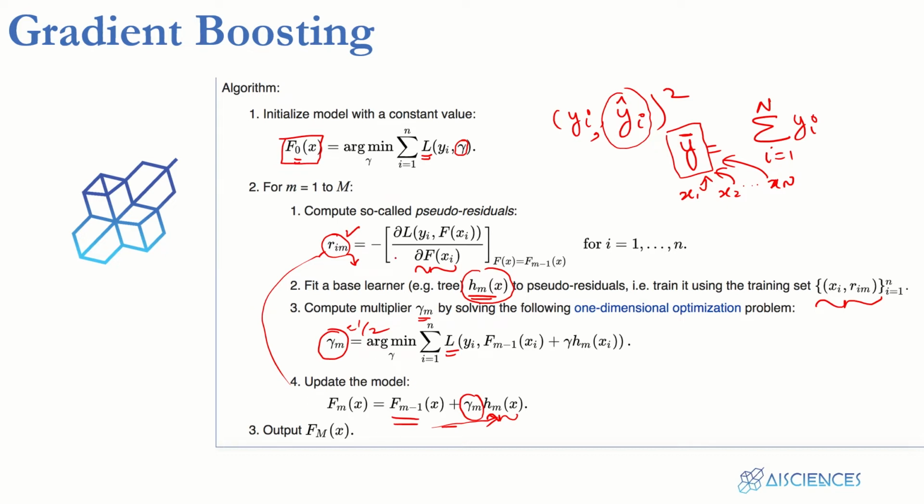So you have your residuals or gradients, you fit a model, maybe a neural network or support vector machine, or maybe a decision tree, which is mostly the case. This model is a decision tree. That's a different supervised learning problem. And then you take a step in the direction of the gradient. But the gradient is not applied exactly as found from here, it's the response of another model in between.